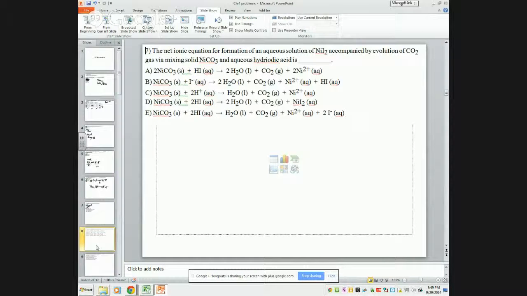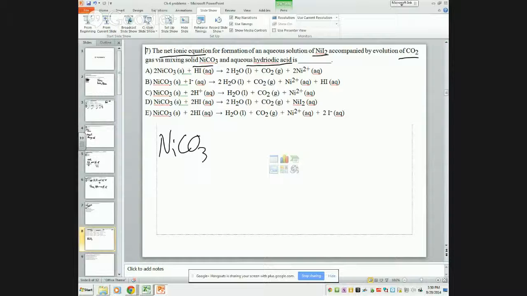Number 7. Keywords here. It says the net ionic equation for the formation of aqueous Ni2+ accompanied by the evolution of CO2 via mixing solid NiCO3 and aqueous hydroiodic acid. So a lot of words here. Let's write the molecular equation to figure out what's going on. So what are we starting with? From reading it a second time, I'm starting with the NiCO3 and the hydroiodic acid.